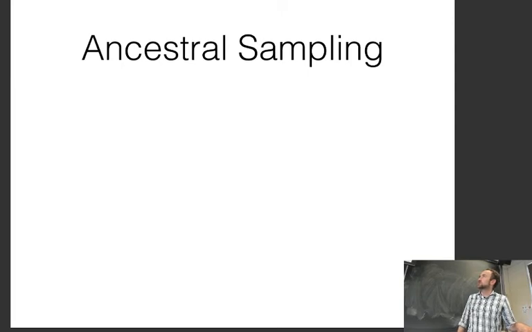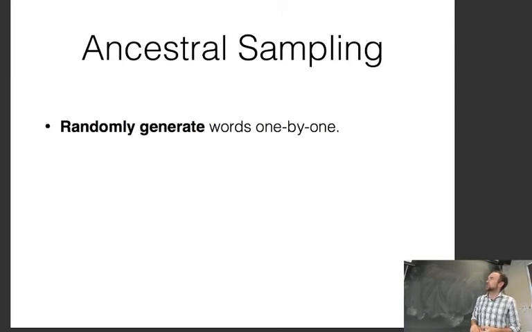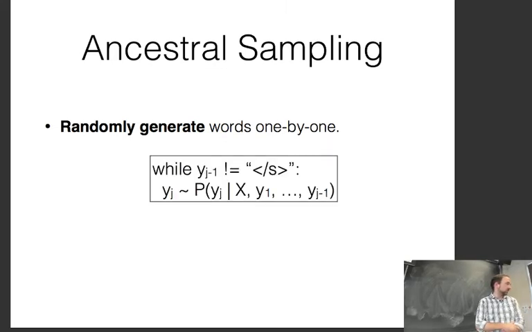The common way of sampling is this ancestral sampling where we randomly generate words one by one. So this is the pseudocode for this. So basically, while we haven't reached the end of sentence symbol, we randomly generate a word according to this distribution.